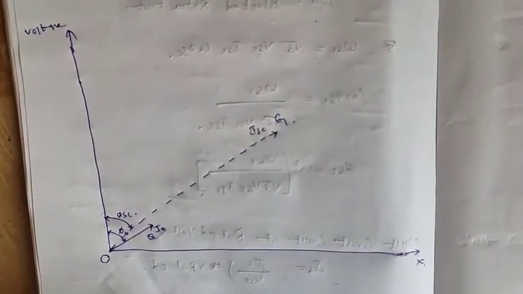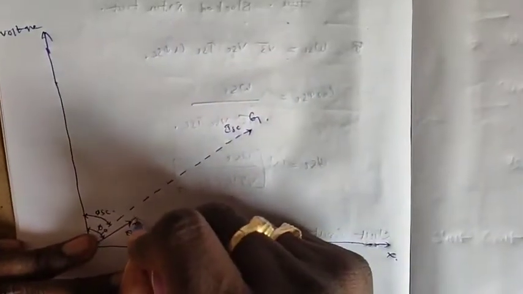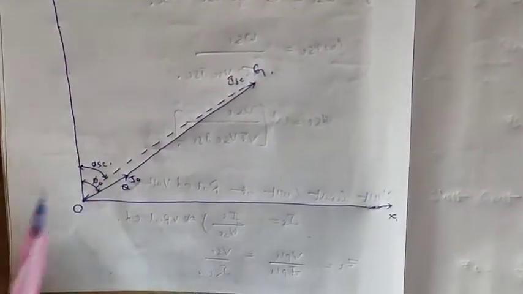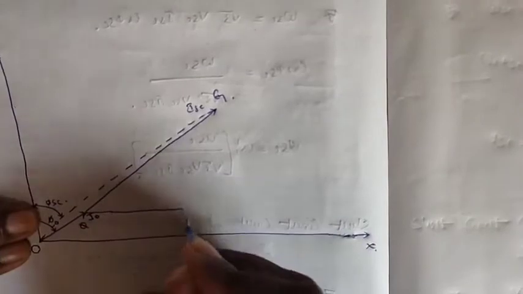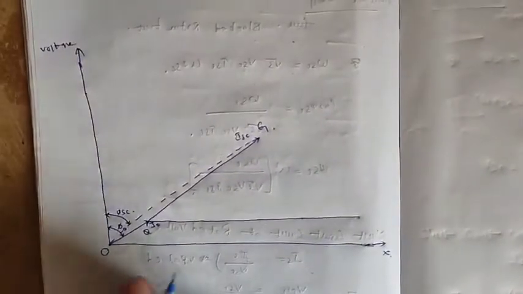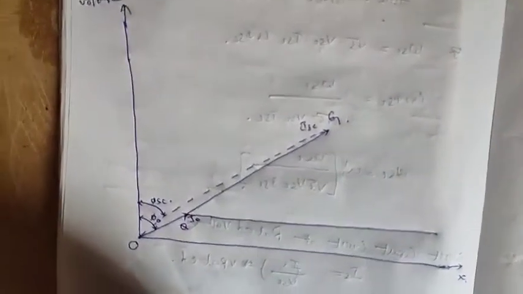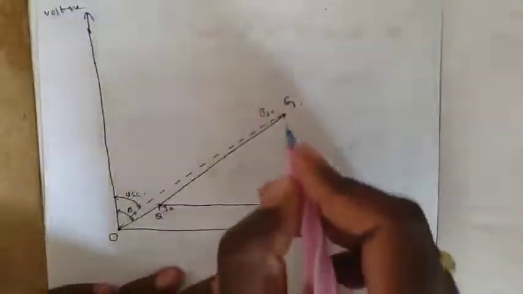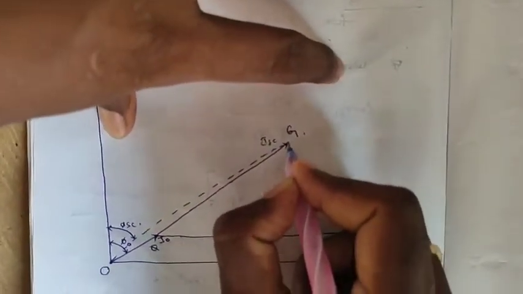This one is point Q. This one is point G. After that, combine these values, that means join Q and G. After that, draw a line that is parallel to the x-axis. Then we have to draw a perpendicular line, that is parallel to the y-axis, from G.